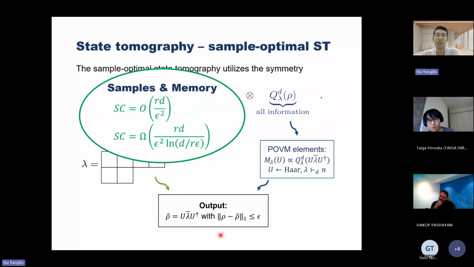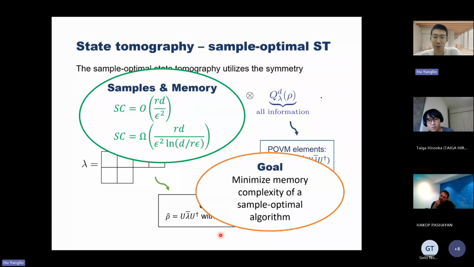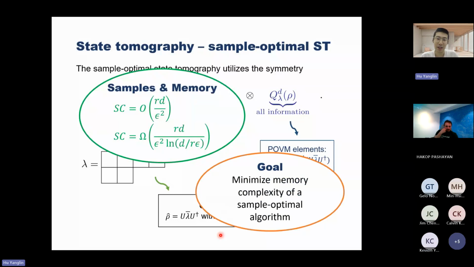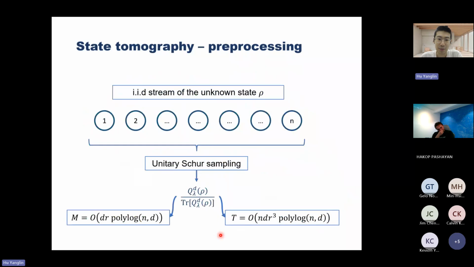Okay, so now, based on this sample-optimal state tomography, we want to try to minimize the memory complexity. So the way we do it is we want to use the streaming unitary Schur sampling. So basically, in each step of the calculation, we measure all the lambda, and we only keep alive the Q lambda subspace.